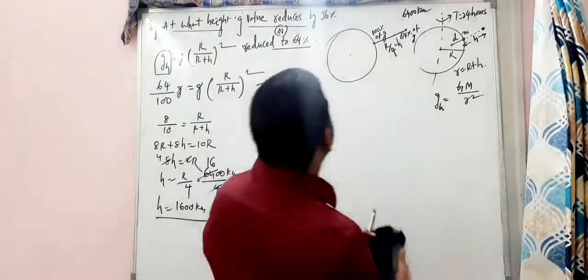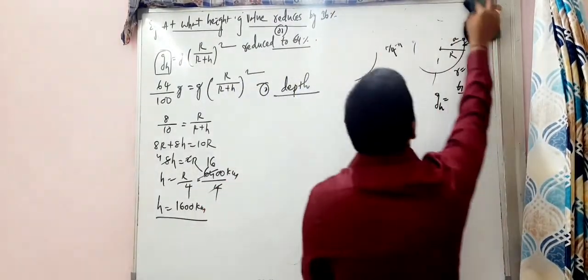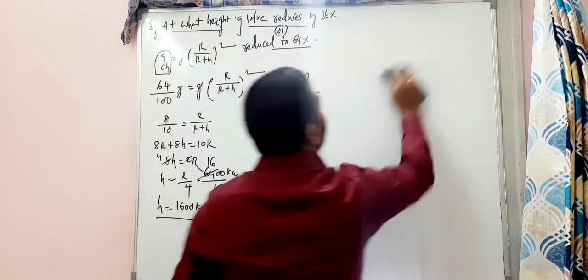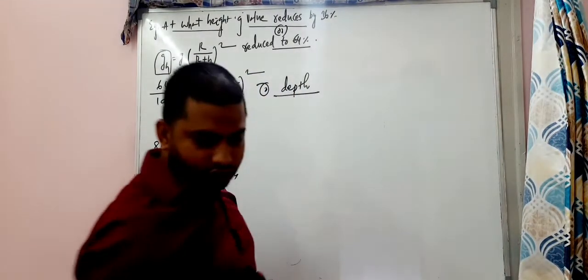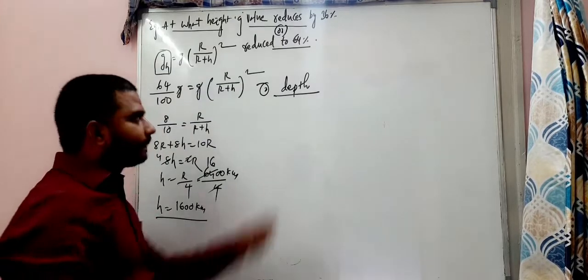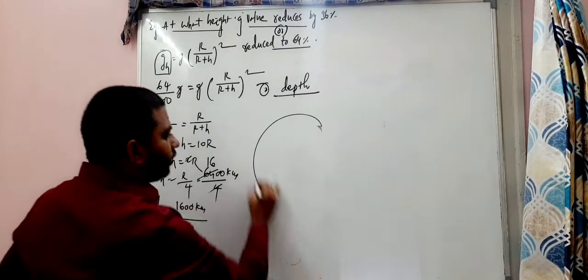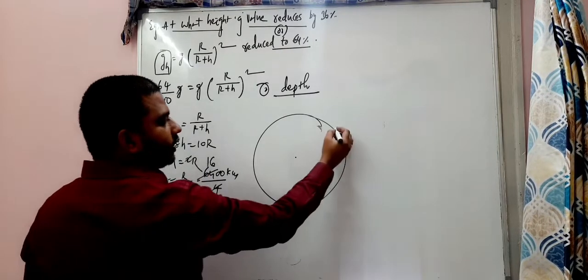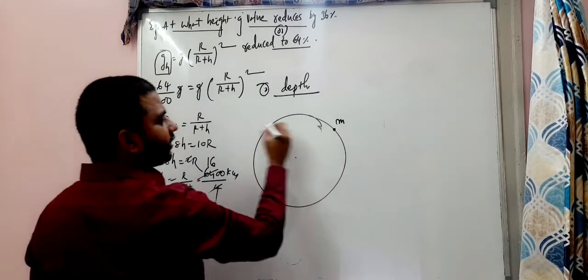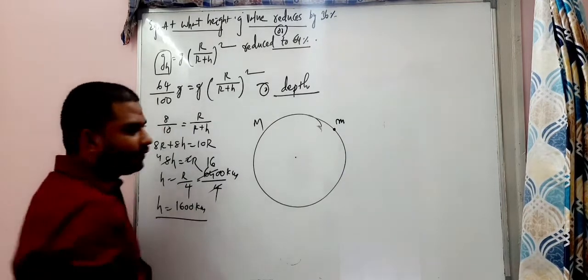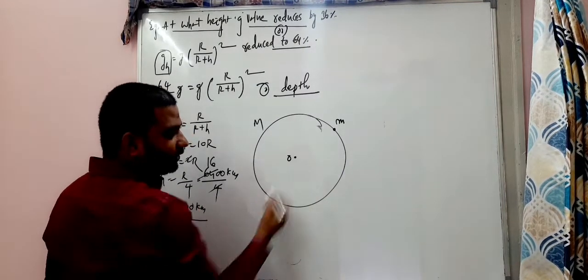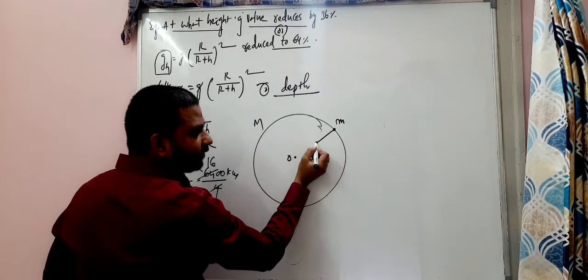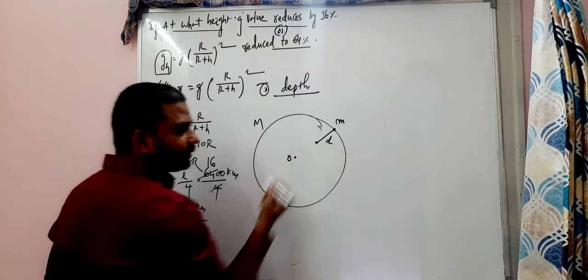See, this is the Earth's center. Initially the mass m is kept here, it's capital M. This is O, the center. The mass is taken to some depth. Carefully observe. This is d, depth d.